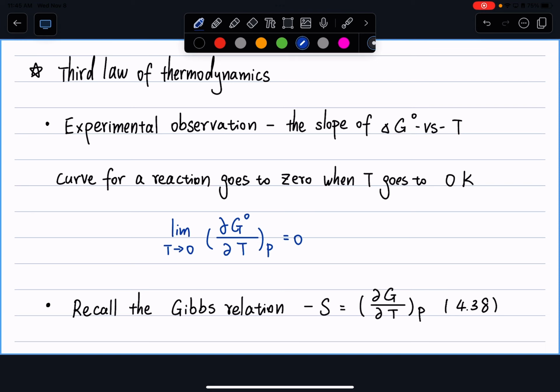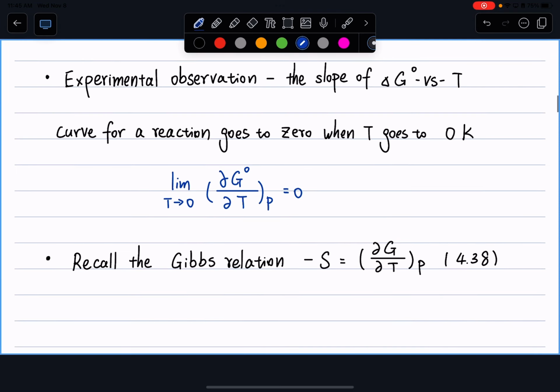And in our Gibbs relation, one of the things we find out is negative S equals the partial derivative of G over T at constant P. So taken together, from that experimental observation, we can say that delta S equals state 2 minus state 1.